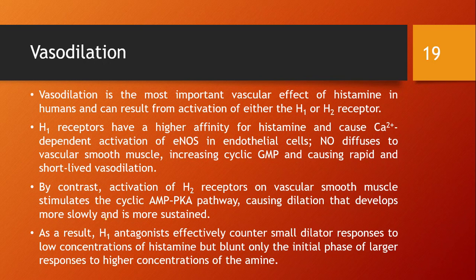So as a result, H1 antagonists effectively counter small dilator responses to low concentrations of histamine, but blunt only the initial phase of larger responses to higher concentrations of the amine.